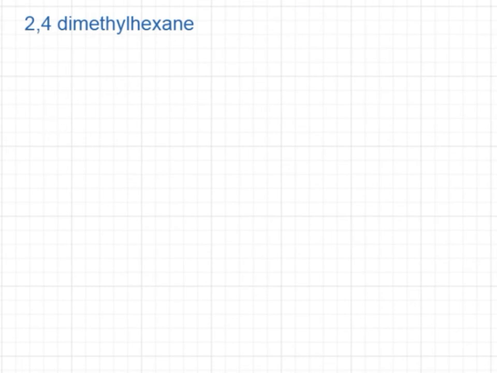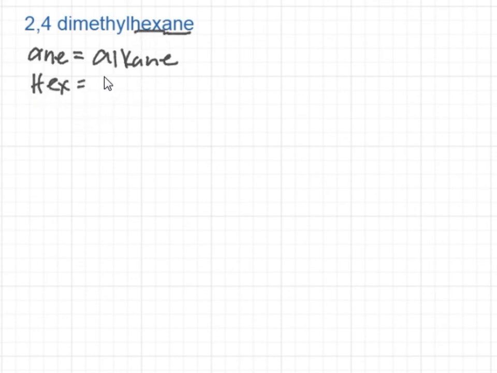Right? Now, let us try 2,4-dimethylhexane. So again, if we're going to examine this, the A and E will tell us that it belongs to an alkane which has a single bond. The hex indicates that it has 6 carbon atoms, right? 6 carbon atoms.